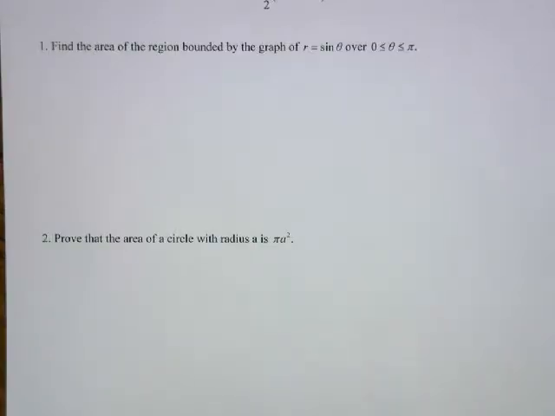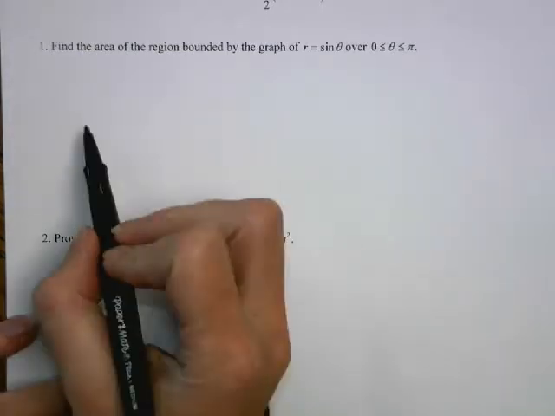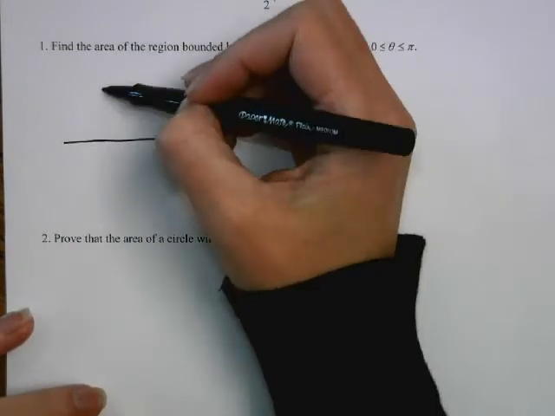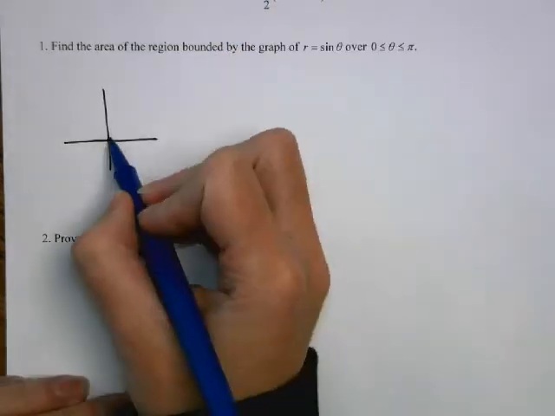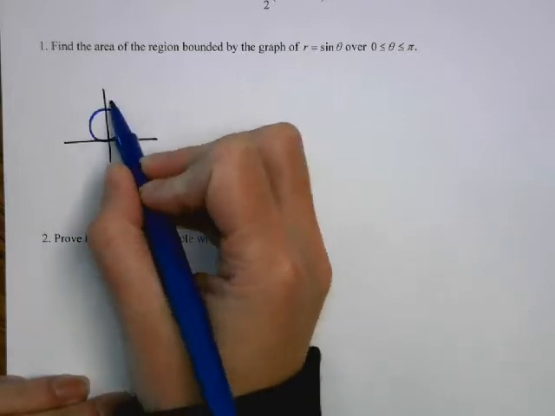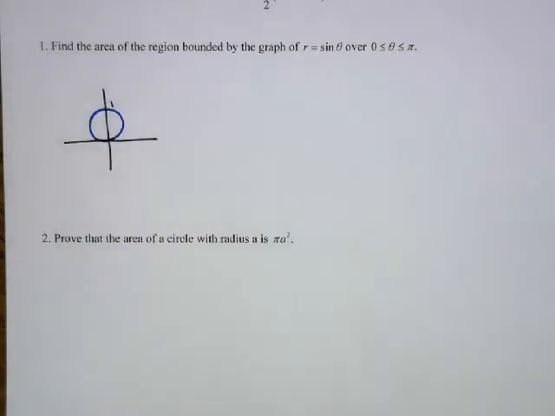Okay, so we're going to find the area of the region bound by the graph of r equals sine theta. So we just talked about what that graph looks like. That's going to be a circle symmetric to the y-axis up here with 1. So they already give us the integration bounds.